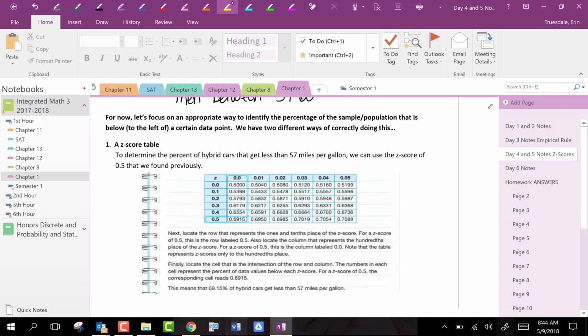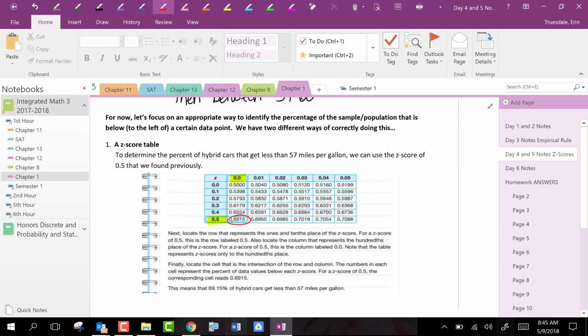Here's how you look it up in the chart. You go down the side first, which is the tenths place. So we go down to 0.5. One side has negatives and one side has positives, so be on the positive side. Because it's 0.50, you just go over to the 0 column, and my z-score is 0.6915.